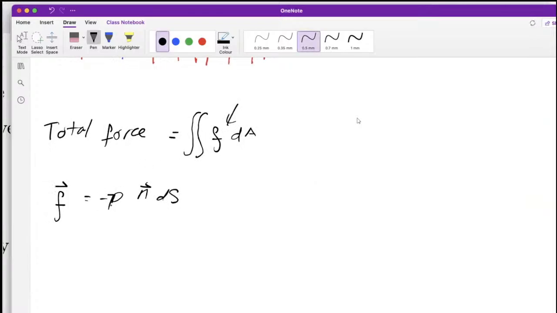So this is where I need to be clear. This is P, but what is our P? P is that pressure. If it's in liquid, P as a function is just rho g z.